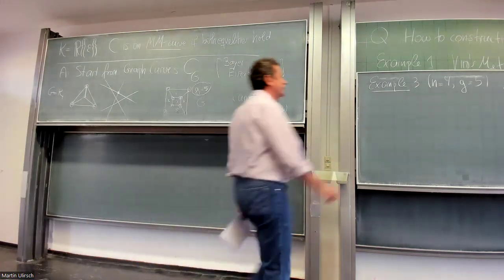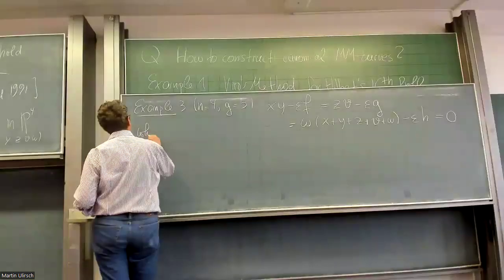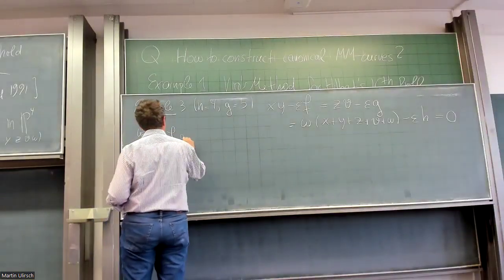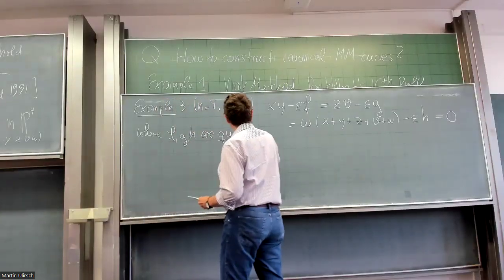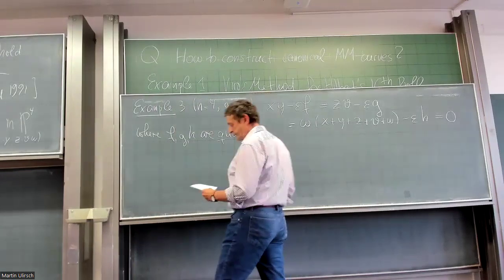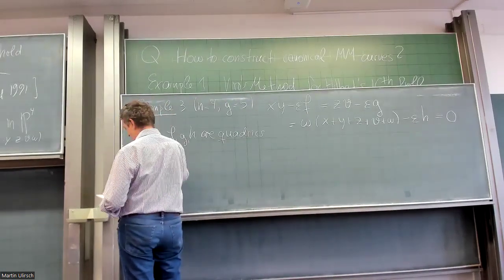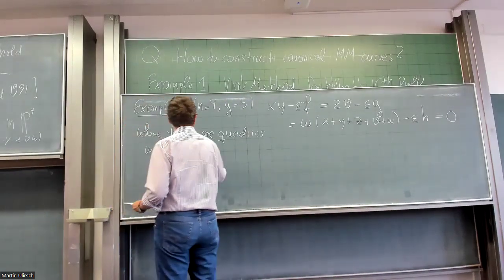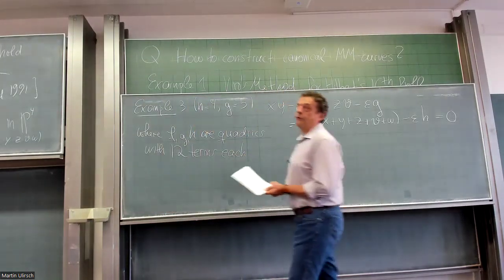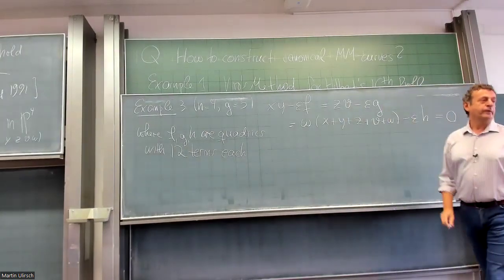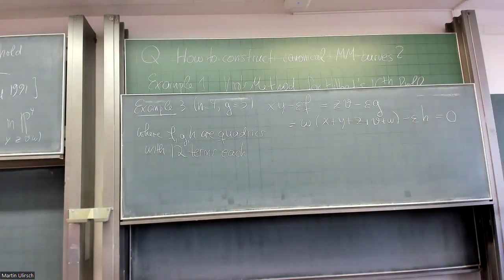And friendly real coefficients means the following, where f, g, h are quadratic forms. They have 12 terms each. Now, of course, in general, a quadratic form in 5 variables will have 15 terms, right?